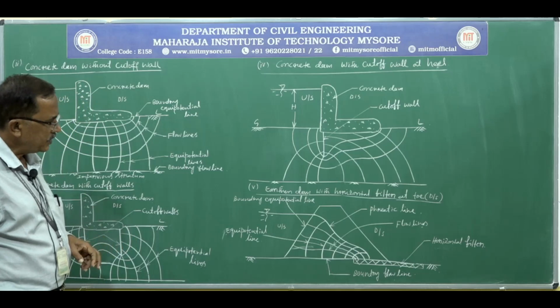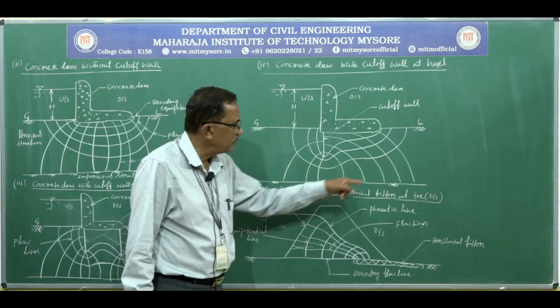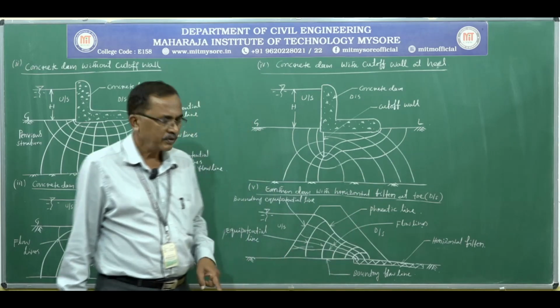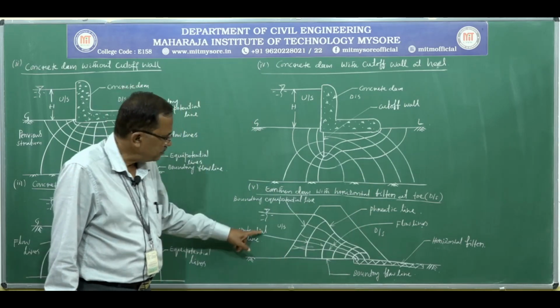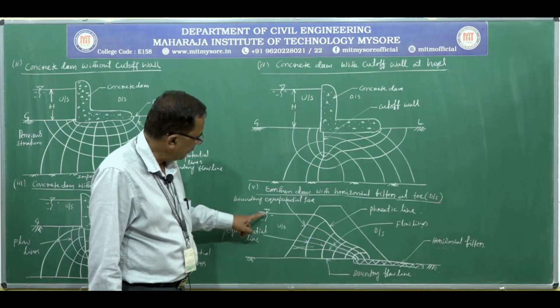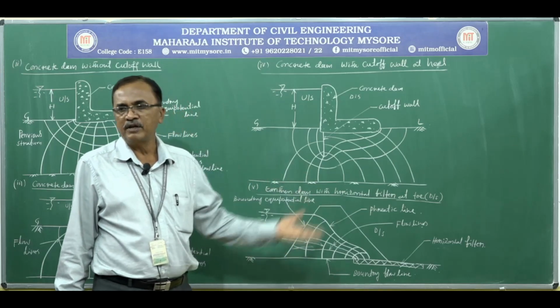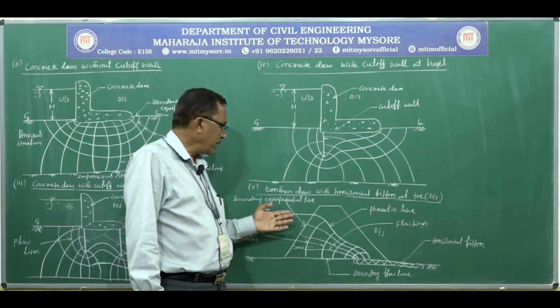The last one is the earthen dam with a horizontal filter at the toe portion. You can see the upstream side, the downstream side, and this is the storage level. Generally we call it the full tank level, full reservoir level, or maximum water level.